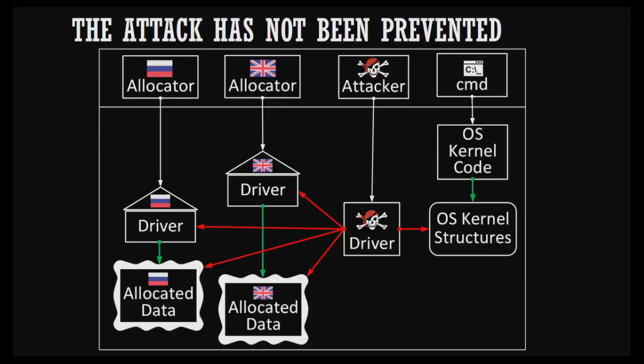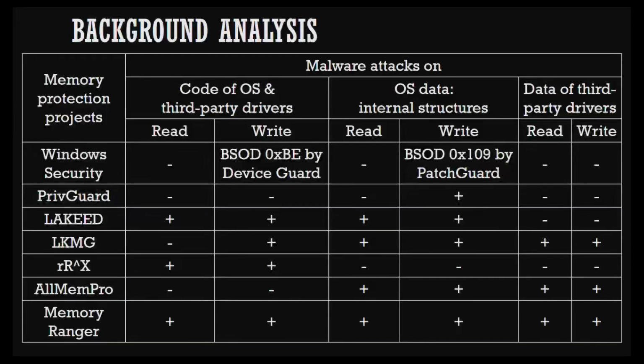Let's have a look at the current situation with memory protection projects. Look at this table. Microsoft has developed a number of security features for memory protection. The first one is Device Guard, which provides kernel code integrity by marking executable pages as read-only. So any modifications of the code will crash the system.